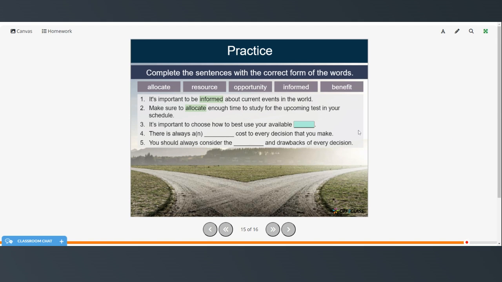It is important to choose how best to use your available resources. There is always an opportunity cost to every decision that you make. You should always consider the benefits and drawbacks of every decision.